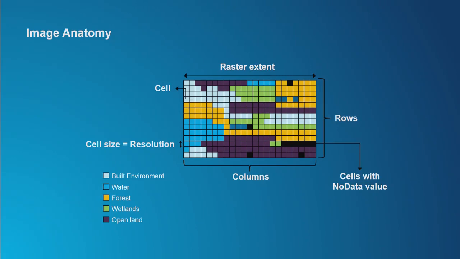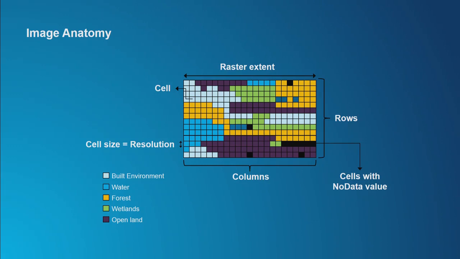Rows and columns of cells, that's what makes a raster in ArcGIS. And when we're specifically talking about imagery, we're calling these cells pixels, picture elements, right? They have a certain cell size, that's the raster resolution. They have a spatial reference.